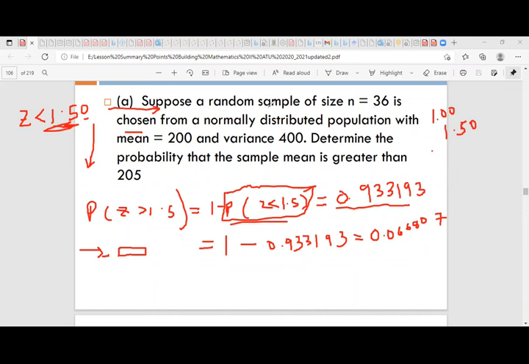I have the table. I can show it to you when we meet face to face. That is a normal standard table, but yours is a cumulative normal standard distribution table. Mine is not cumulative. Is my answer wrong?